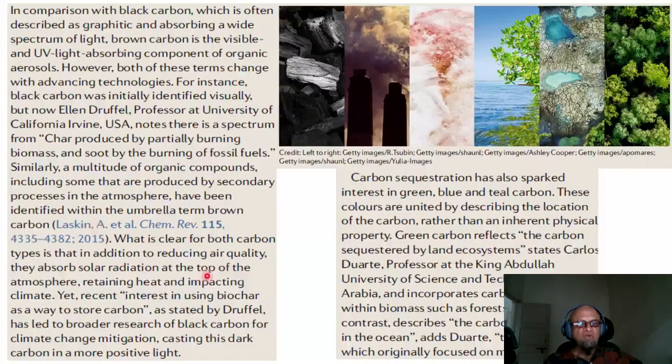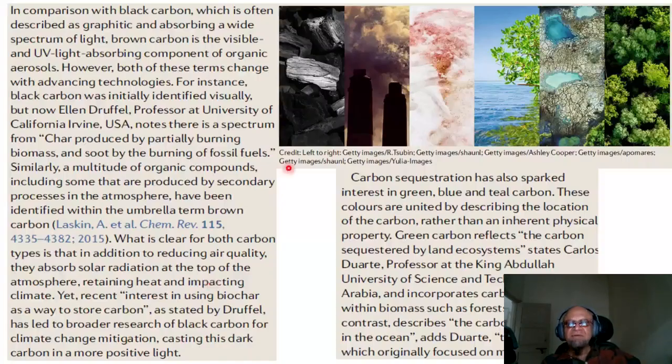What is clear for both carbon types is that in addition to reducing air quality, they absorb solar radiation at the top of the atmosphere, retaining heat and impacting climate. Recent interest in using biochar as a way to store carbon, as stated by Ruffel, has led to broader research of black carbon for climate change mitigation, casting its dark carbon in a more positive light.